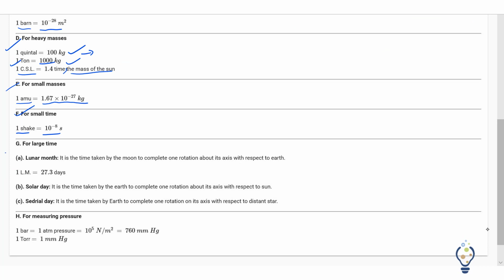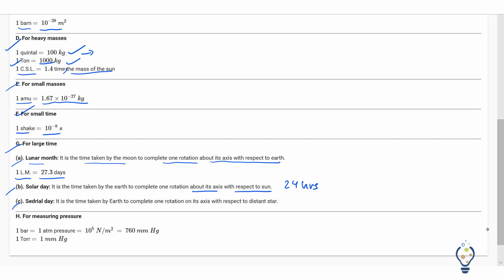For large time, we use lunar month, solar day, sidereal day. Lunar month is the time taken by the moon to complete 1 rotation about its axis with respect to earth. 1 lunar month is 27.3 days. Solar day is the time taken by the earth to complete 1 rotation about its axis with respect to the sun. 1 solar day is 24 hours.